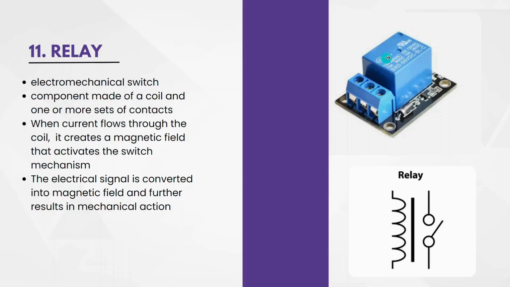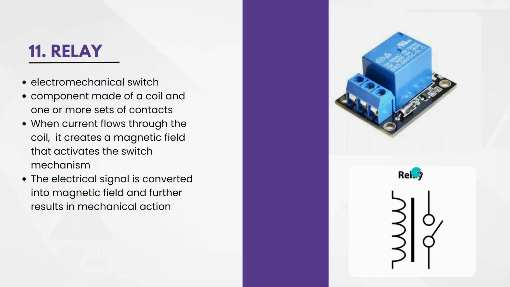This is widely used because it can be automated. It can be used in places where we want the current to flow in two different directions, but there is a deciding factor that decides in which direction the current should flow. For now, we just have to understand that when we pass electricity through this relay, and to these three contacts we connect the wires, the electricity is converted into mechanical action.